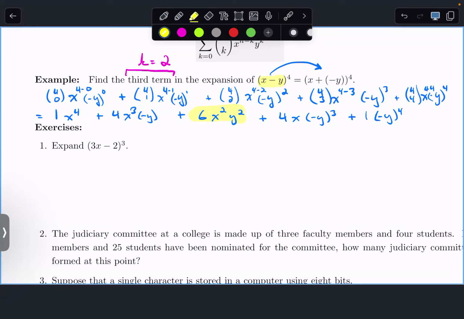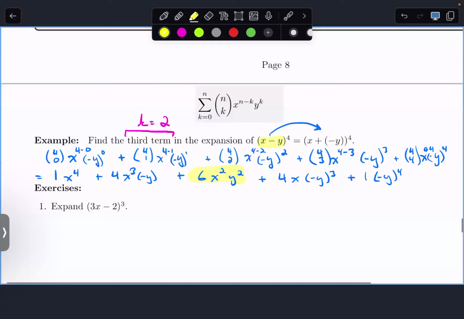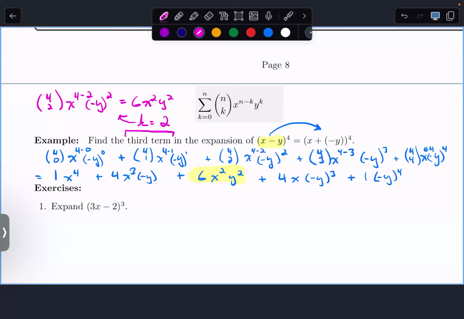If you wanted to, you could have gone straight from here, right, and said, okay, then that looks like 4 choose 2. As long as you've identified that k must be 2, then x to the 4 minus 2, negative y to the 2. 4 choose 2 is 6 x squared y squared.